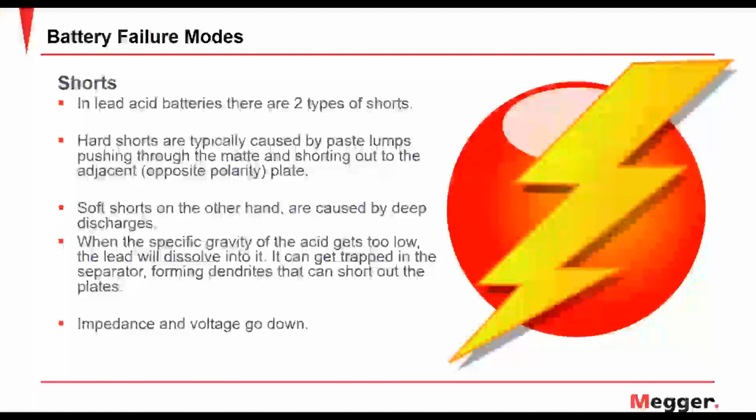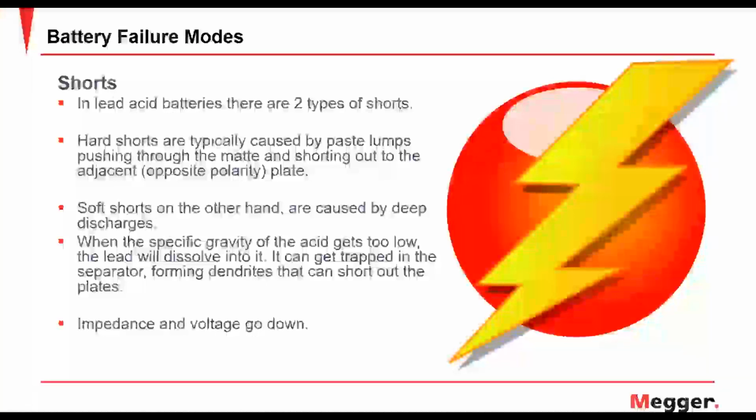The soft shorts, on the other hand, are caused by deep discharges. As I mentioned earlier, lead acid batteries do not like to be deeply discharged. Usually about 80% depth of discharge will be like the zero charge level for it.